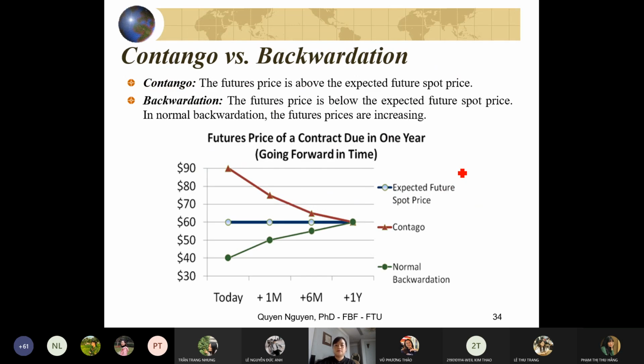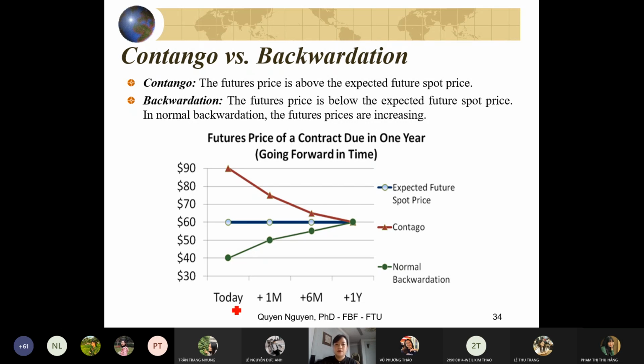We would have some trends in the prices of the future contract. And there are two kinds of price change trends, and we call them contango and backwardation. So contango is defined as the situation or the price trend in which the future price is above the expected future spot price.